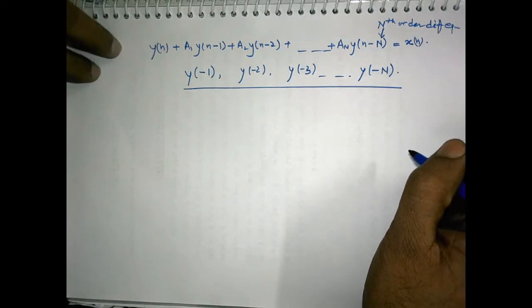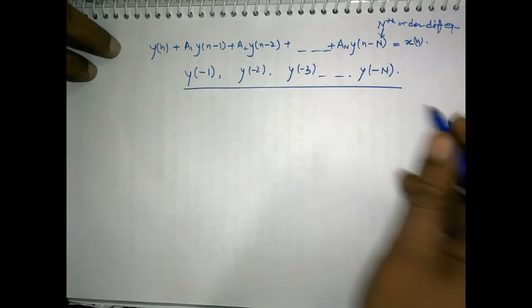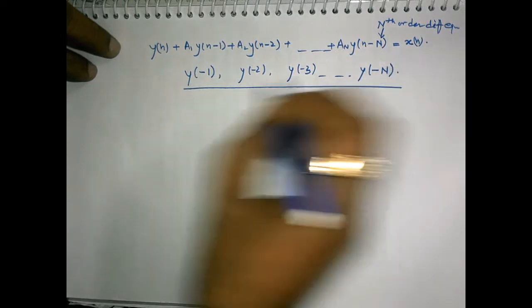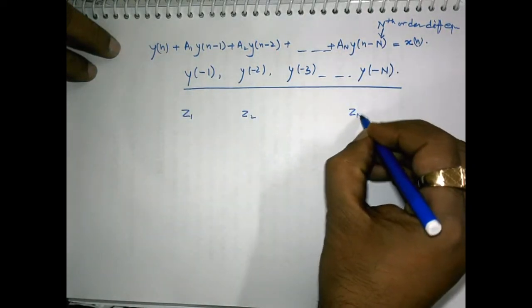Not only this, we set up a characteristic equation, which gives the form of the natural response of the system. And how many roots are obtained in that characteristic equation? If this is an nth order difference equation, naturally we will obtain n roots, z1, z2 up to zn.